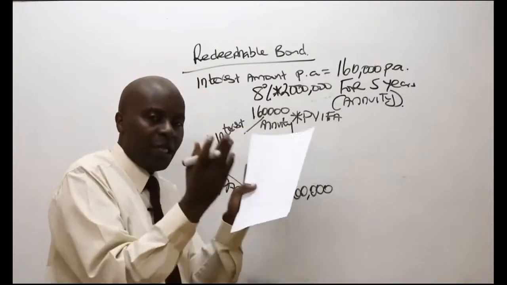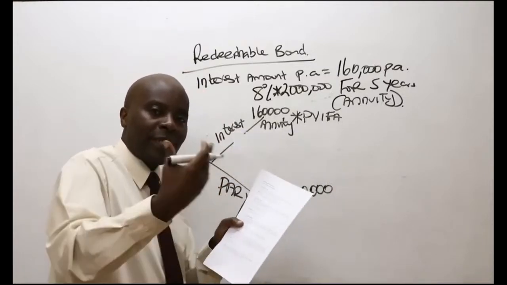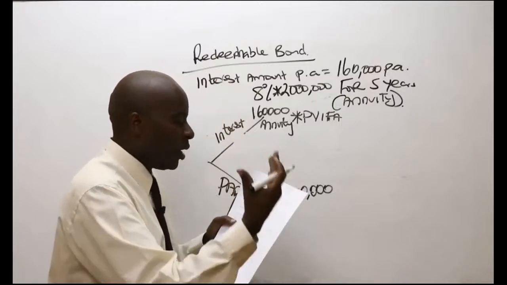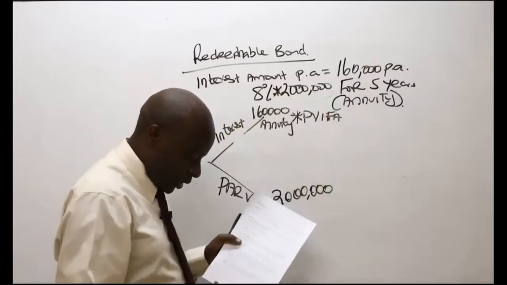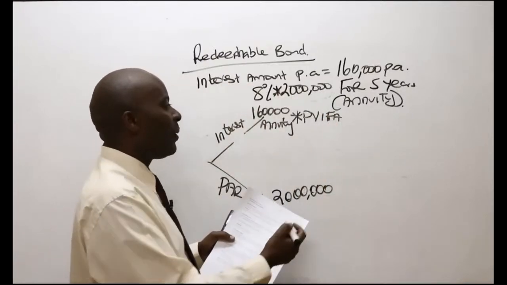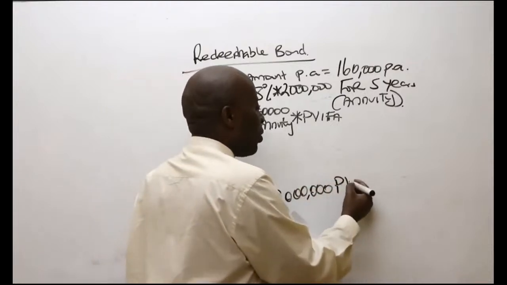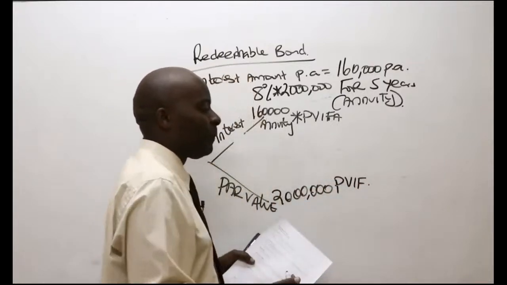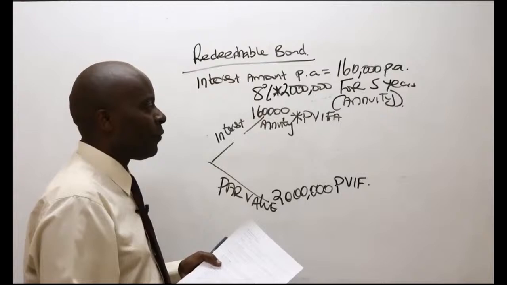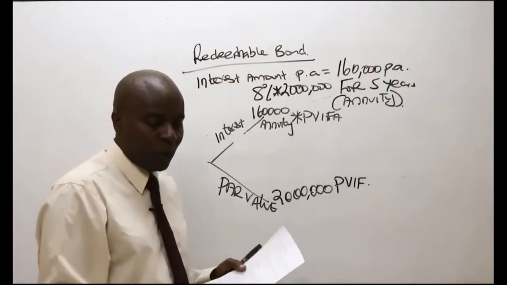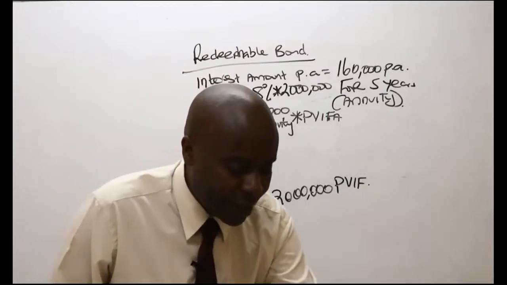Because it is a single lump sum amount, not a series of figures, we need to multiply this with the PV. Therefore, ladies and gentlemen, I would want us to understand this very well.